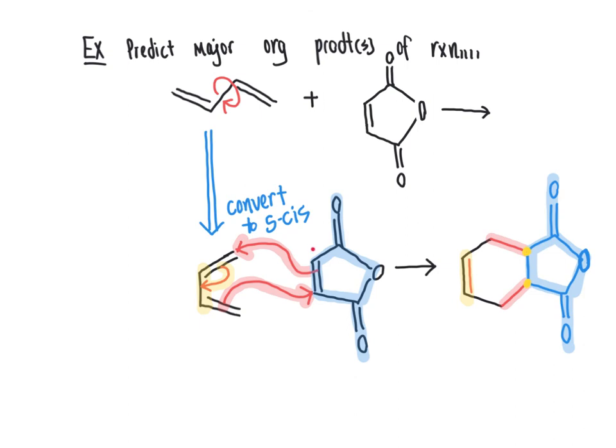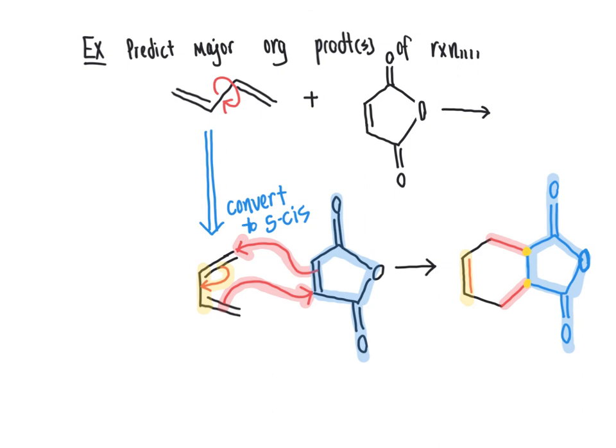And we can treat this dienophile just like we would any standard alkene. In our starting alkene, the 2 R groups are cis to one another because they go this way and the other one goes this way. They're both going in the same direction, in other words. So the 2 groups here and here, the 2 R groups bonded to the alkene, are cis, and therefore they need to be cis here as well.